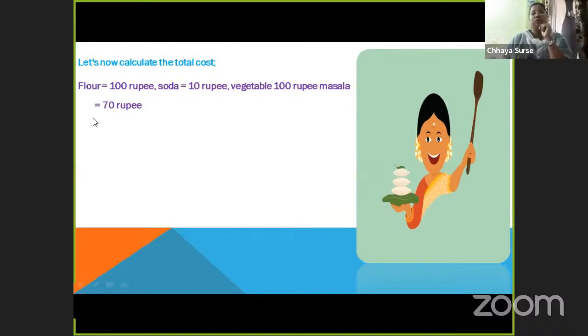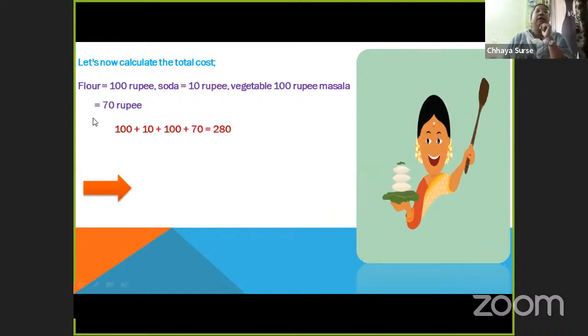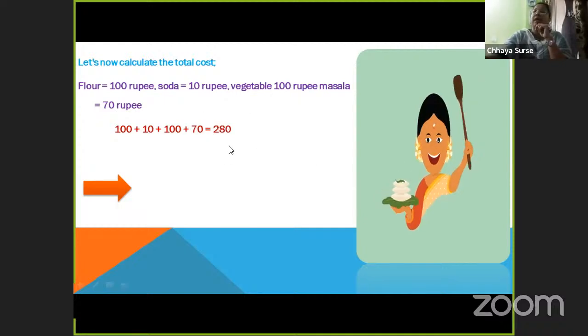So what is the total? 100, 10, 100, 70. So this is 280. 280 is the total cost price for making idli and sambar.